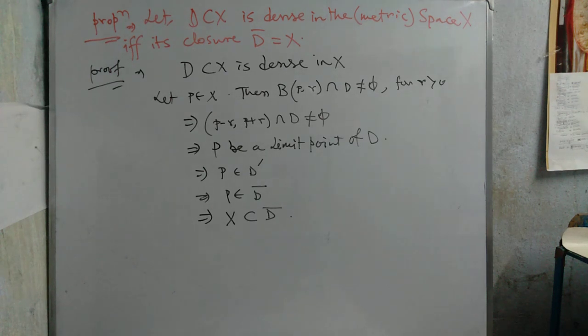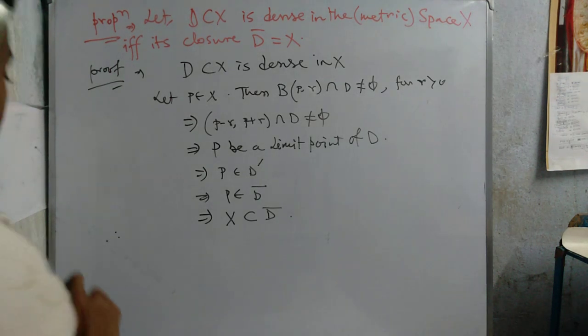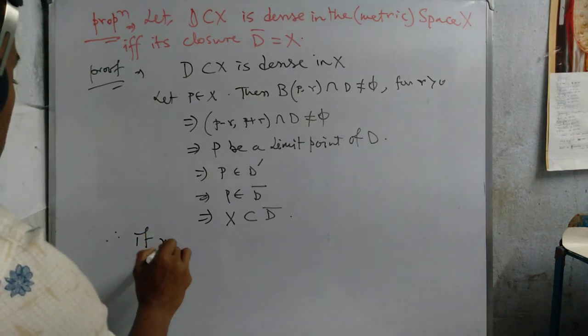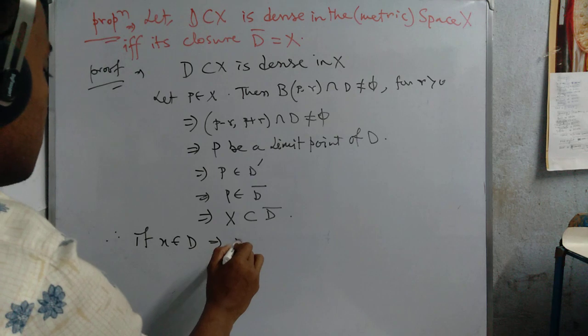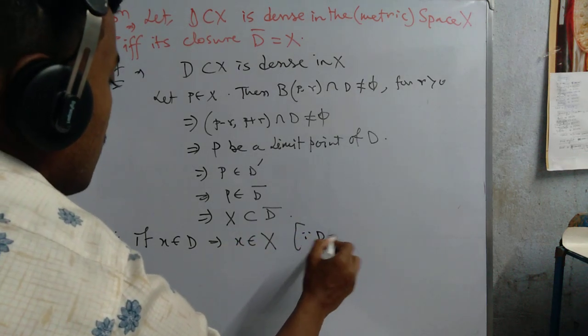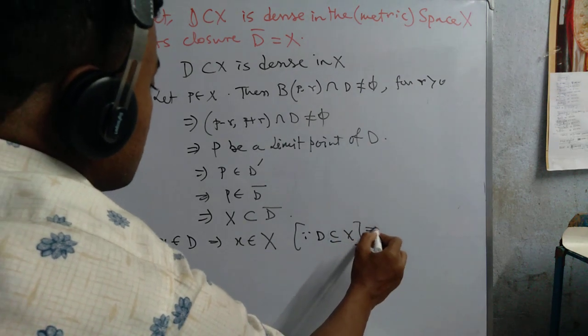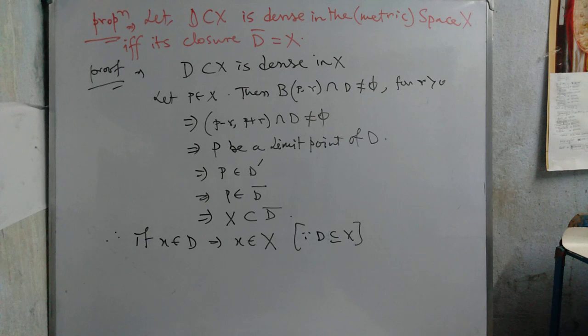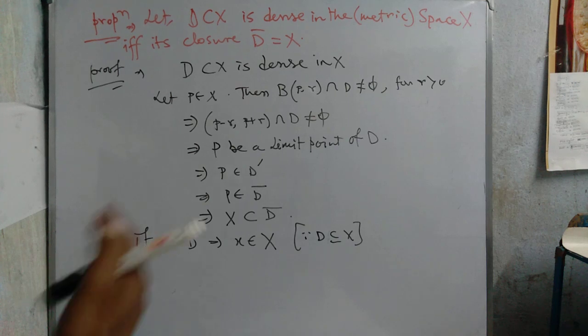Okay, again we talk about further progression. If x belongs to D, this implies x belongs to X, since D is a subset of X. So this implies that, oh no, this one is not necessary, because this one is given.